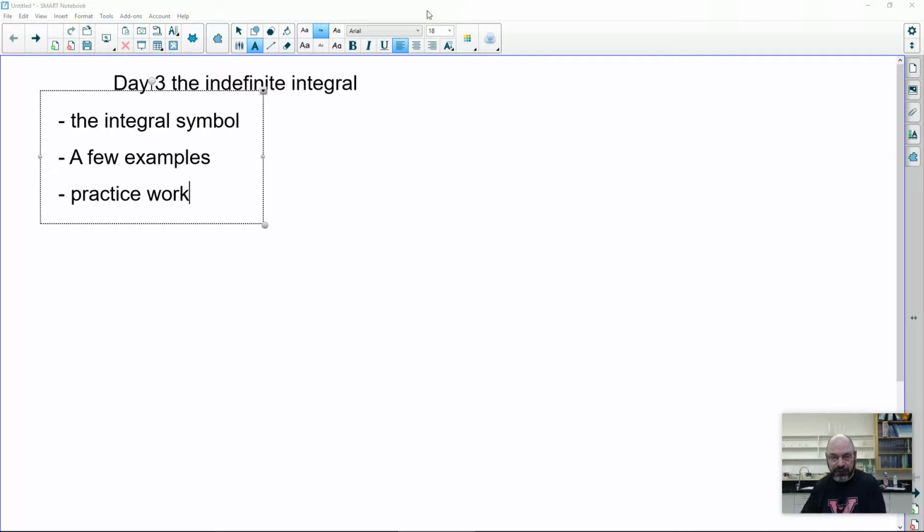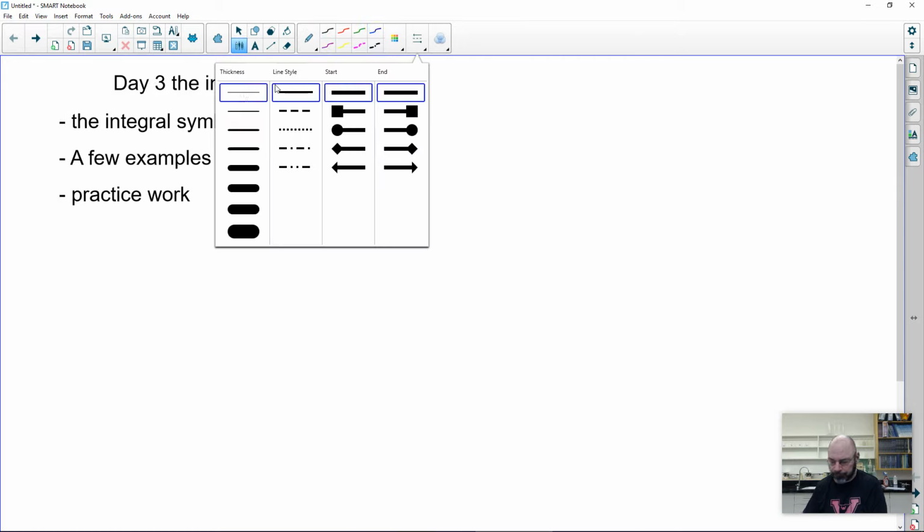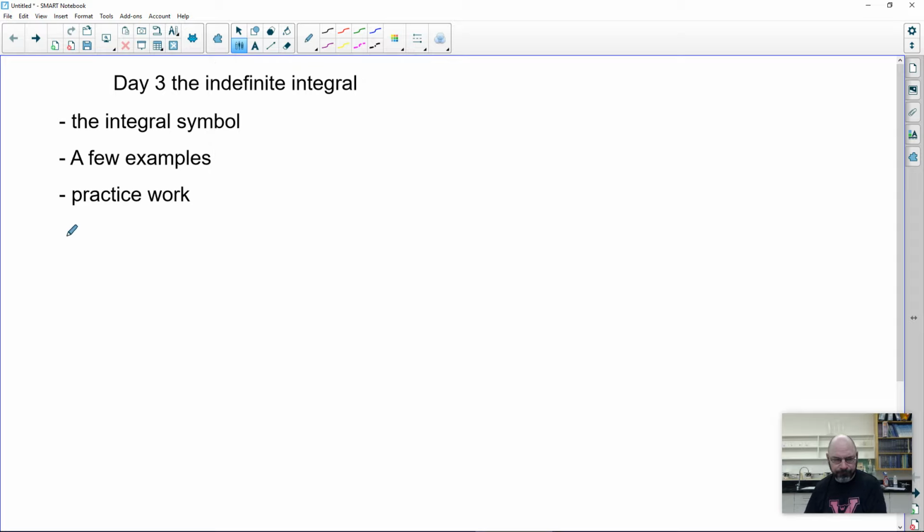So let me just change to marker here. Okay, so if we have this, this is our integral symbol.